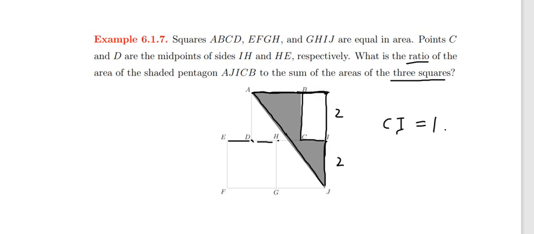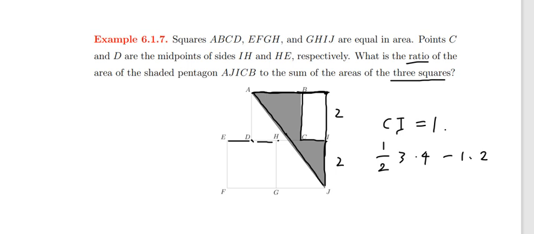So this area equals half of 3 multiplied by 4, minus 1 times 2, minus this rectangle.